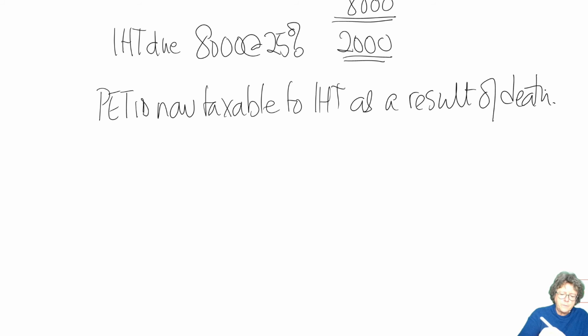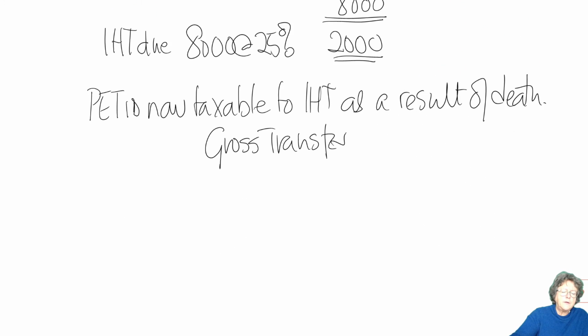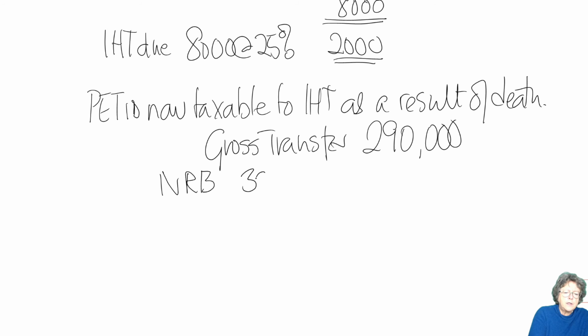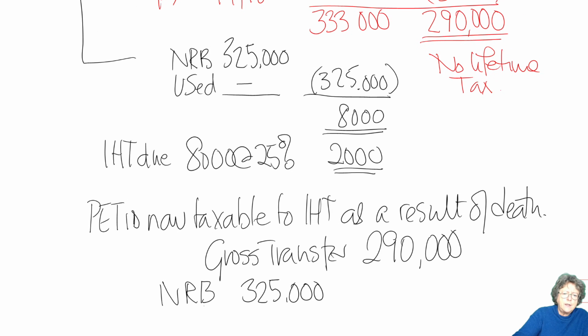Okay, so the gross transfer is 290,000. Okay, nil rate band, £325,000.